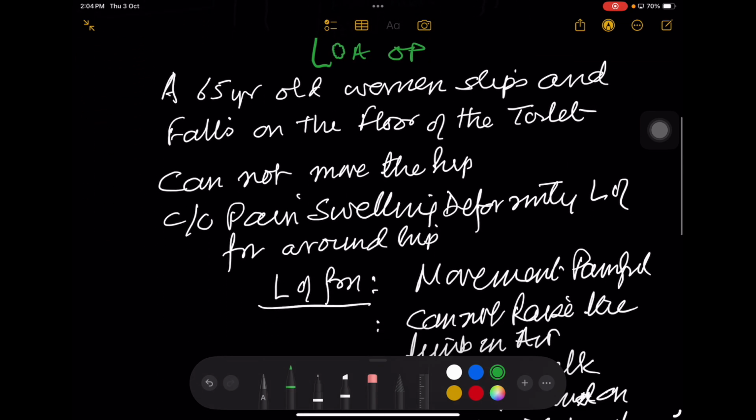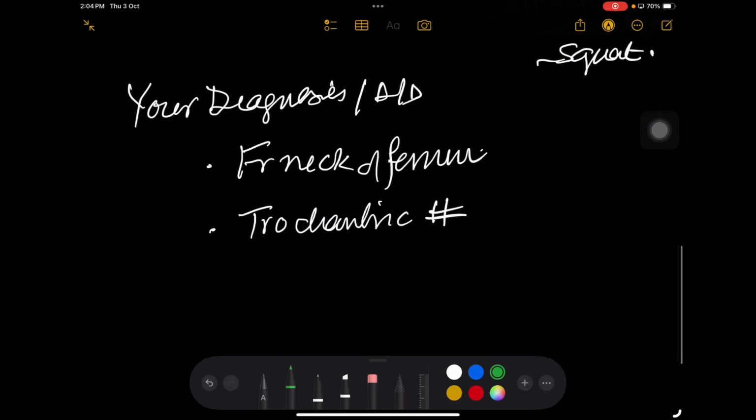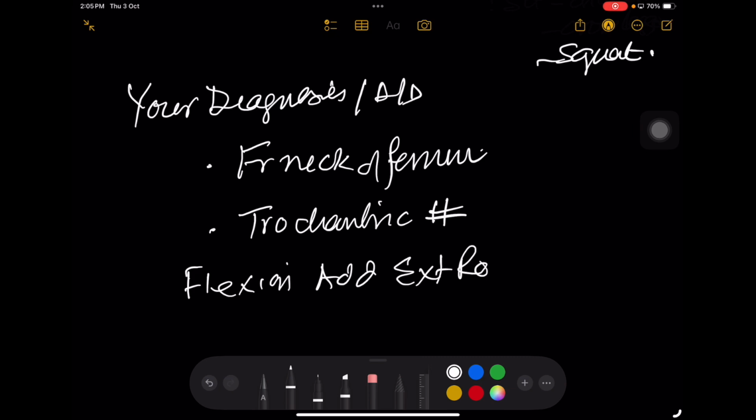Okay. Now, why do you say it is a fractured neck of femur or trochanteric fracture? If they ask you that question, you say that there is a flexion, adduction, external rotation deformity with true shortening.